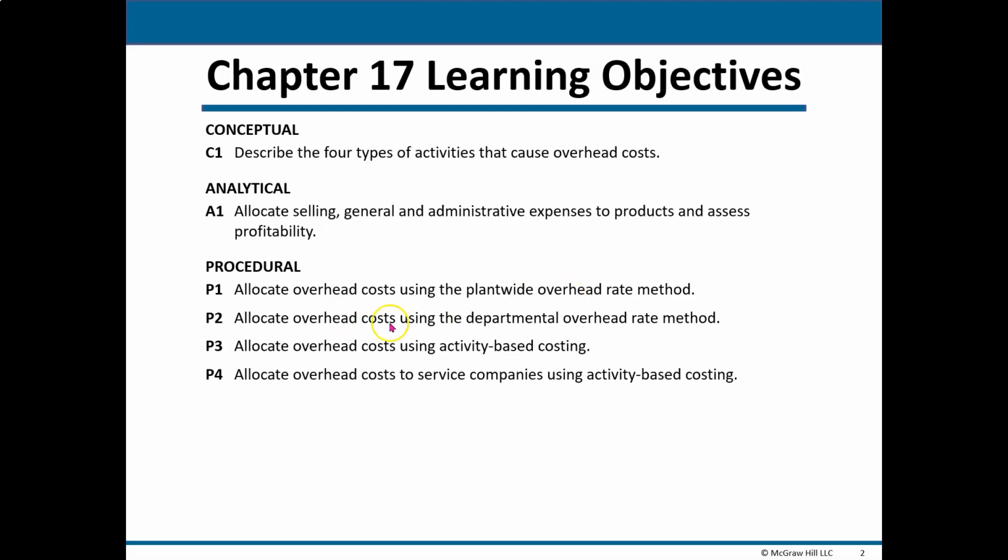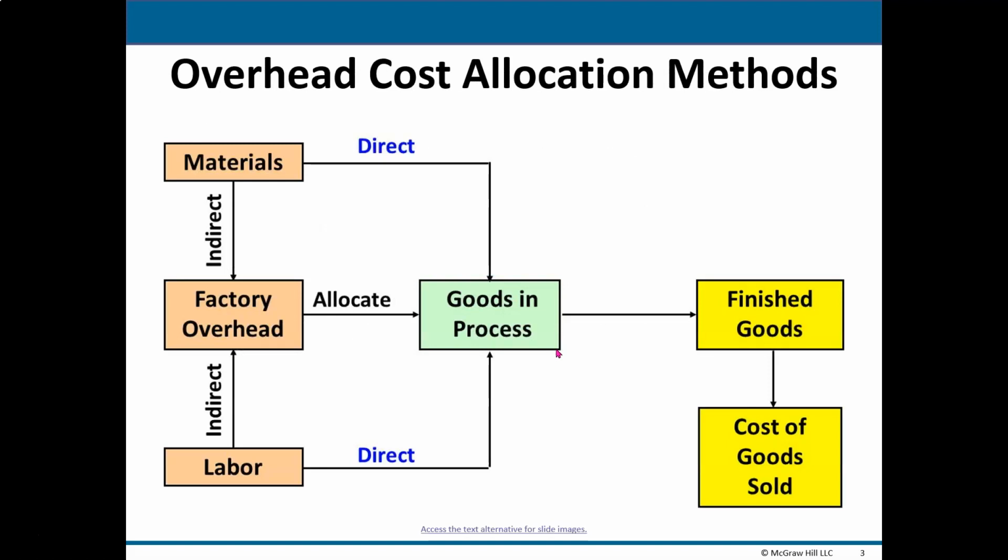Then we're going to look at allocating overhead costs using a departmental overhead rate method. Then we're going to allocate overhead costs using activity-based costing. And again, this chapter is focused on the treatment of overhead costs and how we're going to allocate it, because there's a number of different ways we can allocate it. So let's go ahead and get started here.